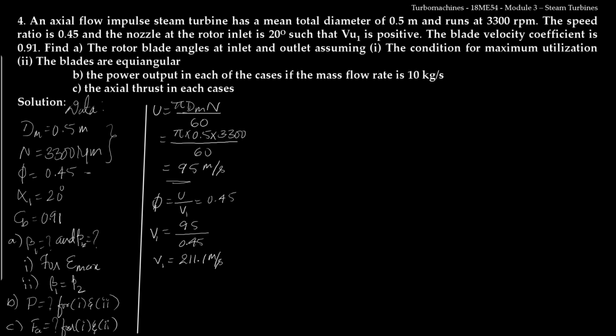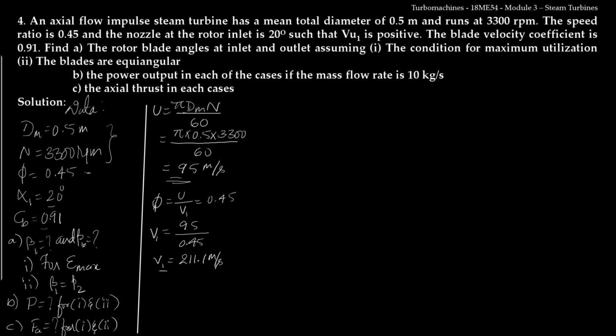Now, as we know that to construct any triangle we need 3 data out of 6 data in the triangle. So, now I have V1 and I have u, then I have alpha 1. These 3 data are sufficient for me to construct the inlet velocity triangle. Then I know Cb, so that will help me to construct the outlet velocity triangle.